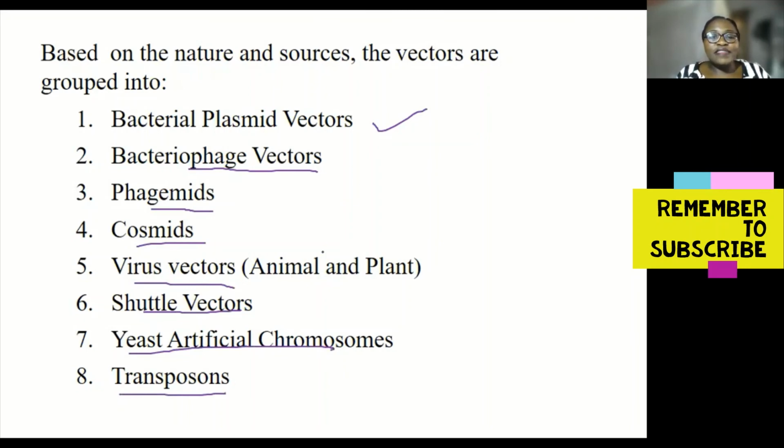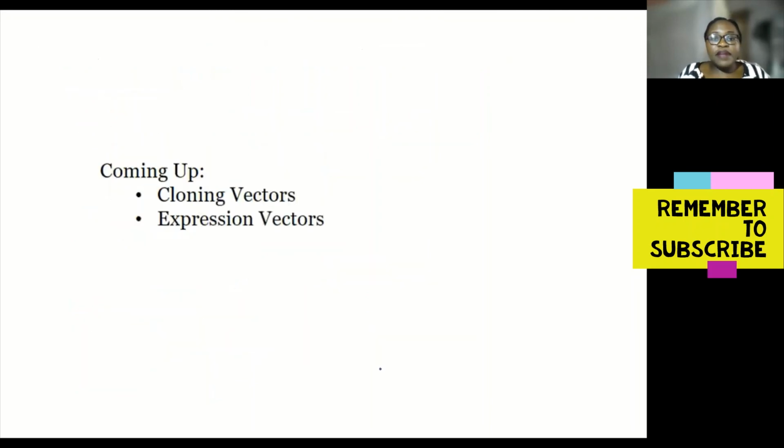So in our next series, we will be looking at each of them in detail. Coming up, we'll look at the cloning vectors, each of them and their characteristics, as well as expression vectors, each of them and their characteristics.